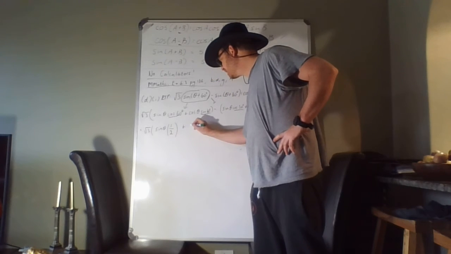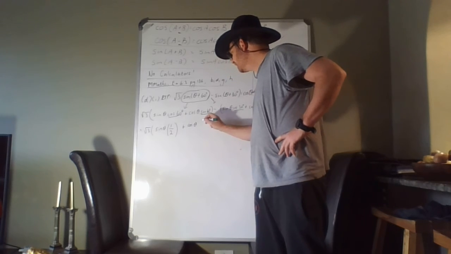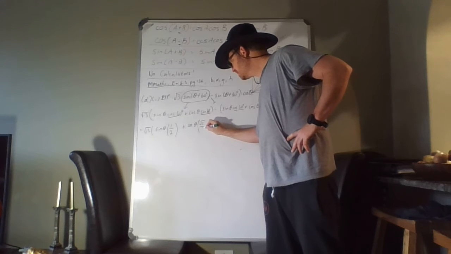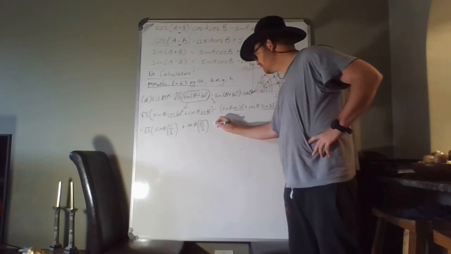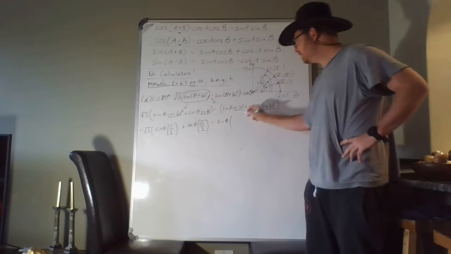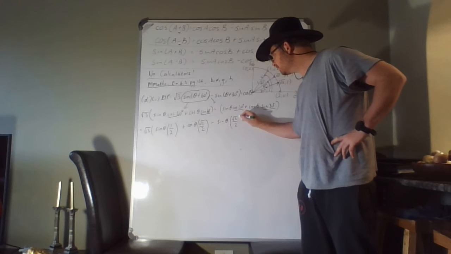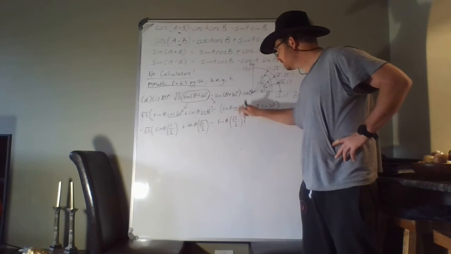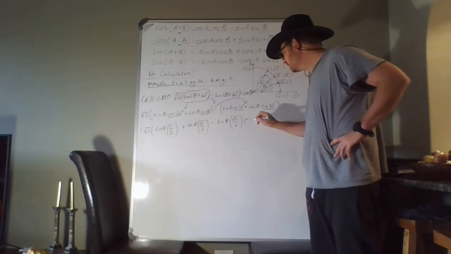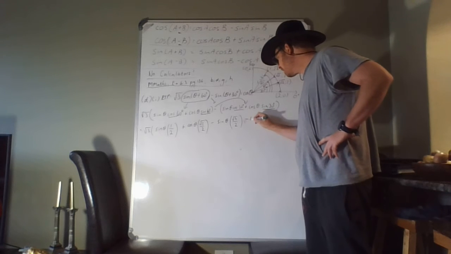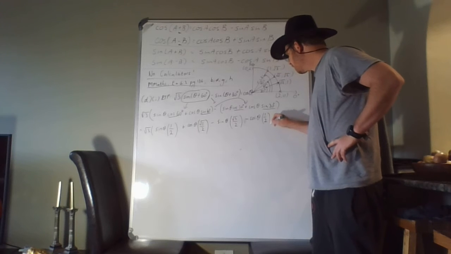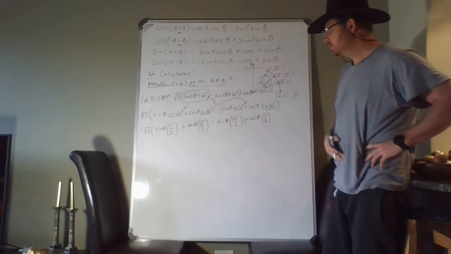Plus cos theta, at 60 degrees sine is the y coordinate, which is root 3 over 2. Then it's going to be minus sine theta, cos of 30 degrees is the x coordinate, which is root 3 over 2. Now be careful. Don't forget this negative. Negative times a positive is a negative. So it'll be negative cos theta, and sine of 30 is y coordinate over radius, which is 1 over 2, which is a half.